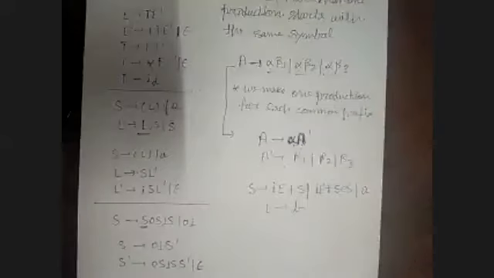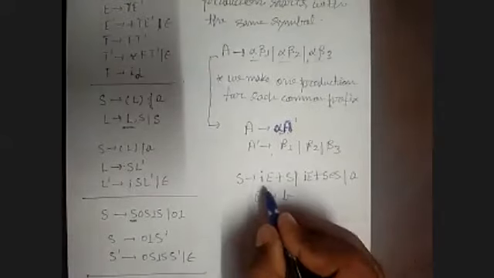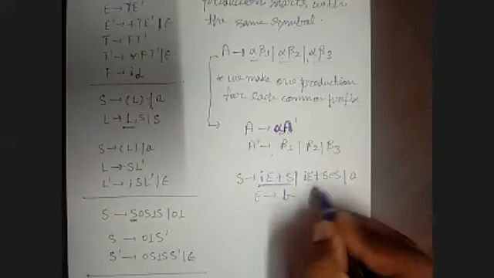If you take this example, iEtS is the repeating part. It is a combination of terminal and non-terminal both. So how do we eliminate the left factoring part?